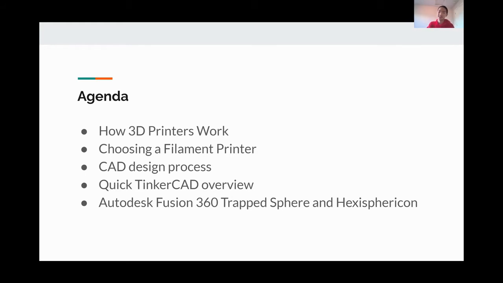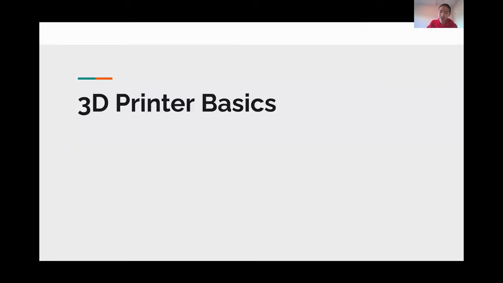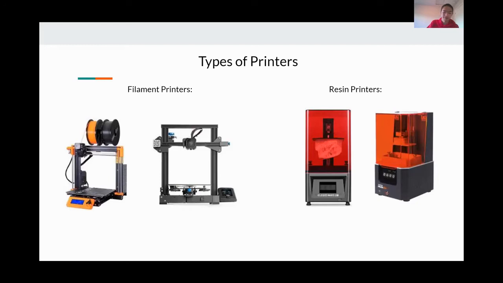So, yeah. All right. So basically, how 3D printers work. There are many different types of 3D printers that use many different technologies and techniques, like laser and sand. There's a lot of types.